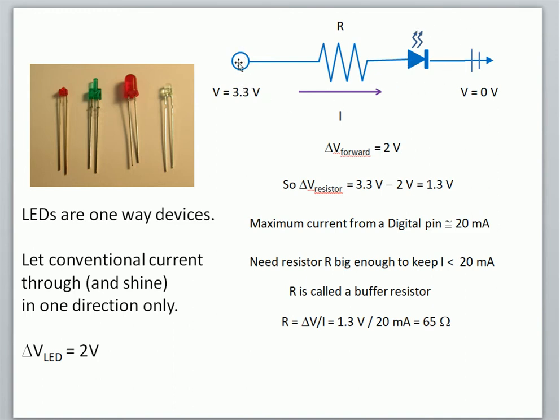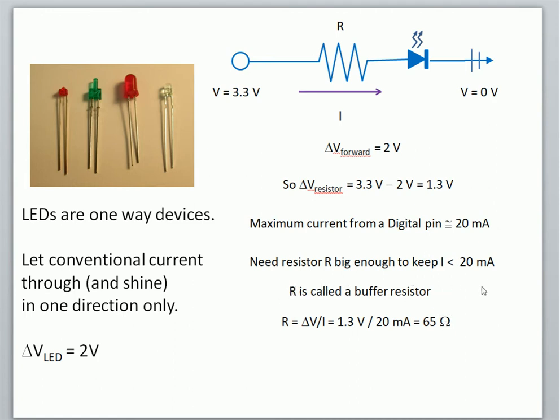This is 3.3 volts. So the difference here is shrunk. So the voltage drop over the resistor is now about 1.3 volts. And as I mentioned, the maximum current from a digital pin is about 20 milliamps. So you need to keep this resistor big enough such that the current stays under 20 milliamps.